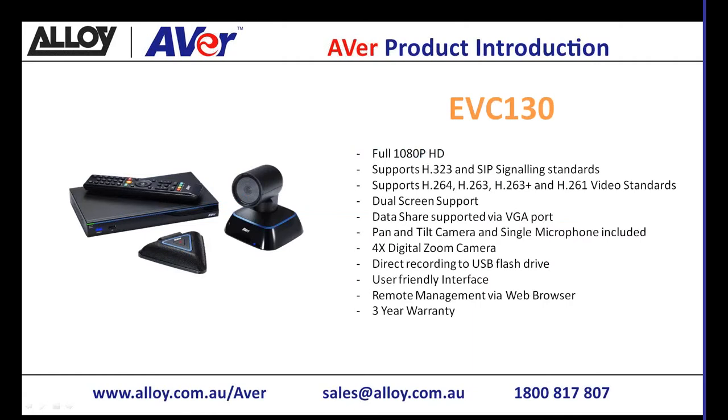First of all, the EDC 130. Once again, this is a full 1080p HD unit. Like I said before, we support H.323 and SIP. For video processing, we support the latest H.264, and if the customer has a previous one, we can support all the video processing protocols such as H.261.